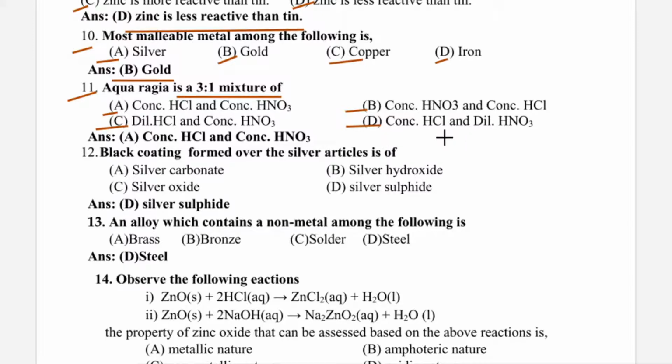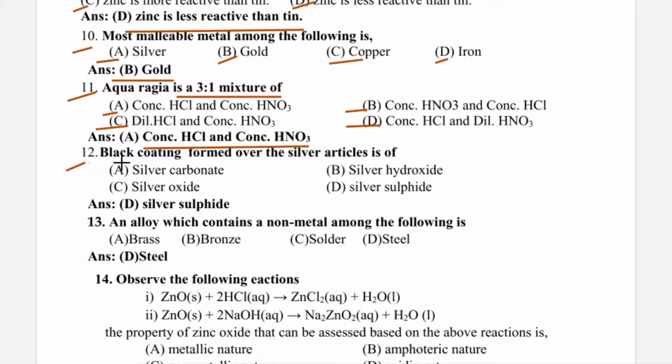We all know that aqua regia contains hydrochloric acid and nitric acid in the ratio of 3:1, that is concentrated hydrochloric acid and concentrated nitric acid in the ratio 3:1. So option A will be the correct one, concentrated HCl and concentrated nitric acid.